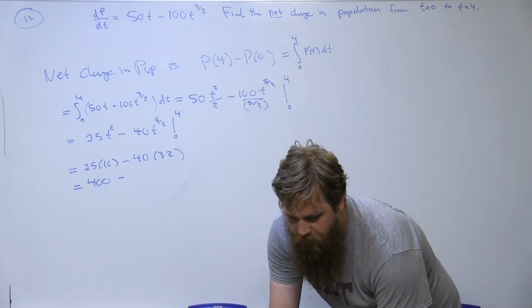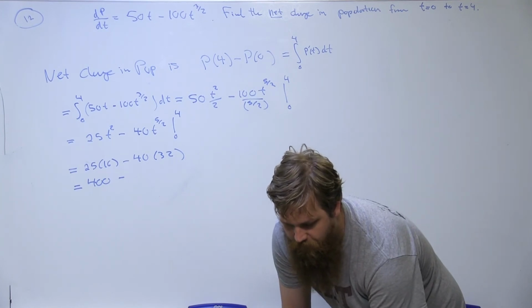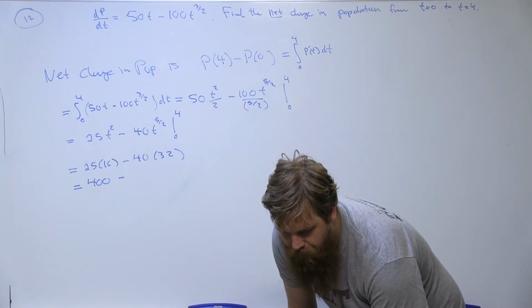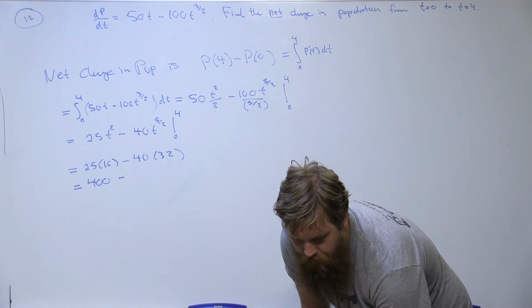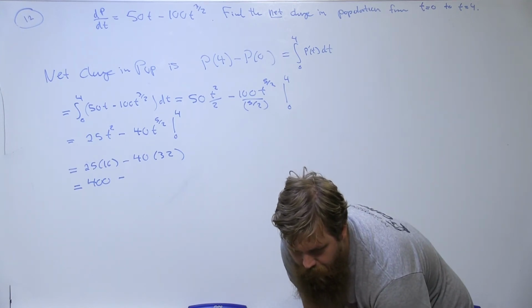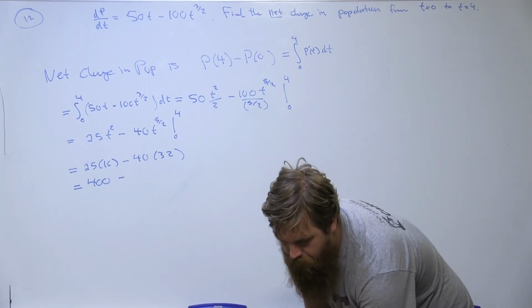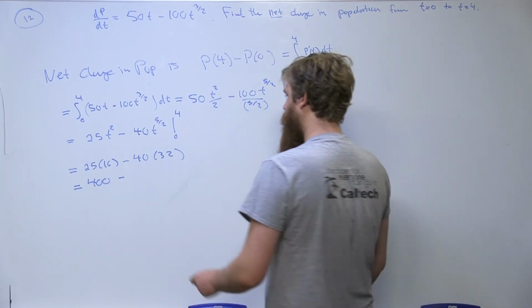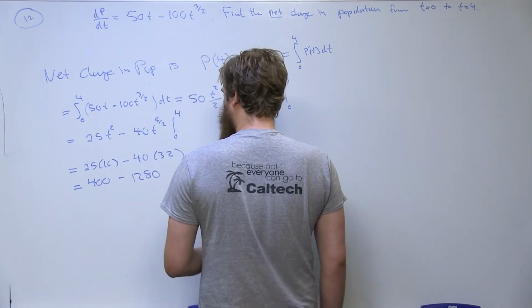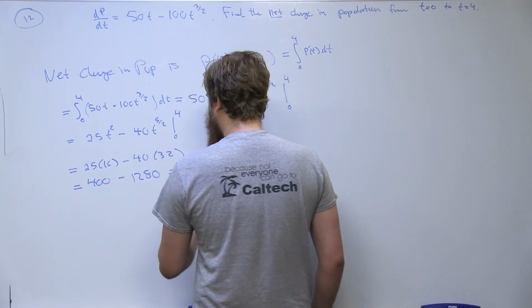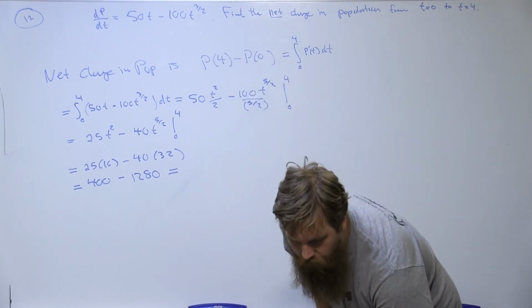Maybe not. It's always a race. 1280. So 1280 is certainly larger than 400, so this net change is going to be in the downward direction.